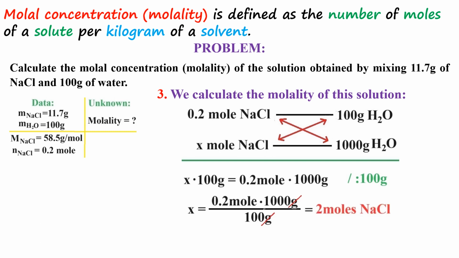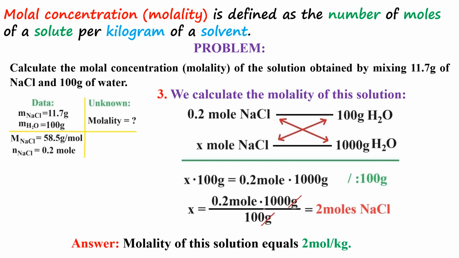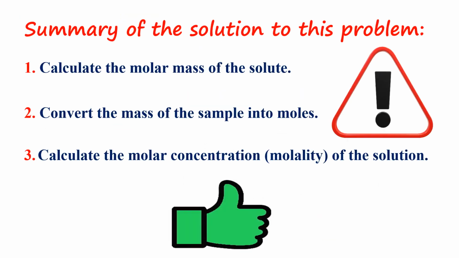So x equals 2 moles of sodium chloride. Now we know that 2 moles of sodium chloride is in 1000 grams, so 1 kilogram of water. So this is the value of molality of the solution. Answer: molality of the solution equals 2 moles per kilogram.